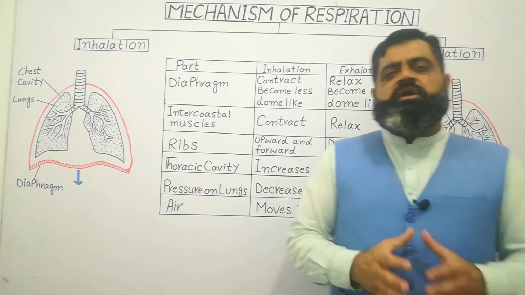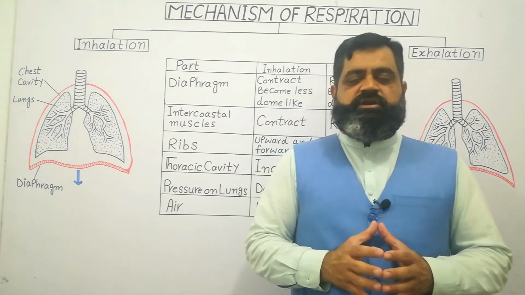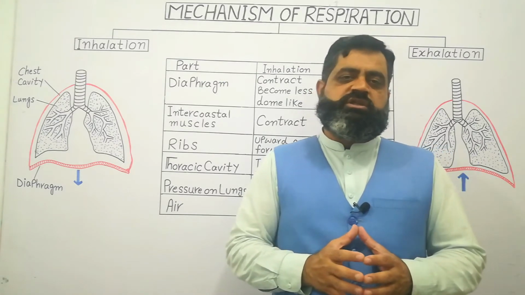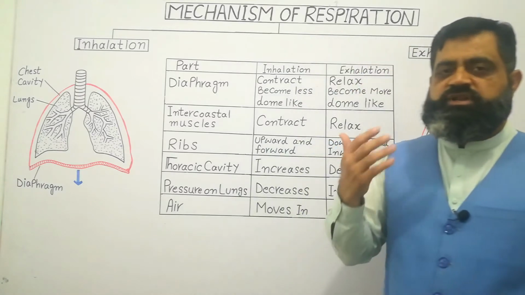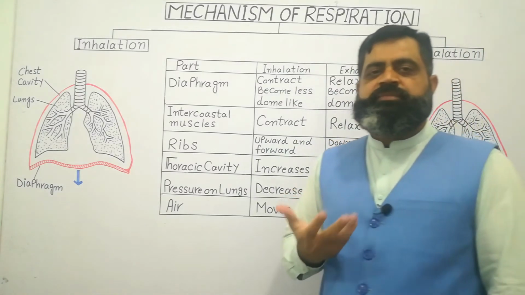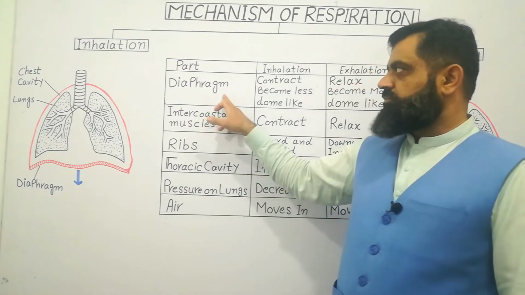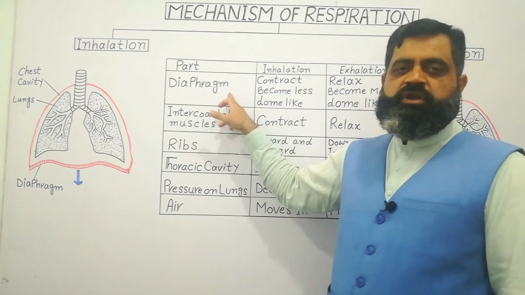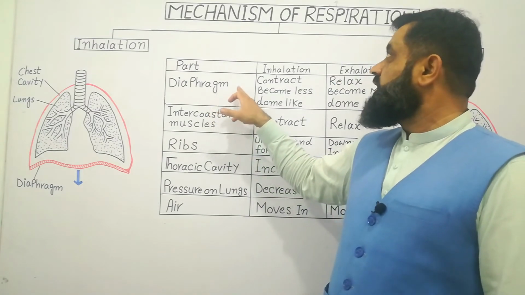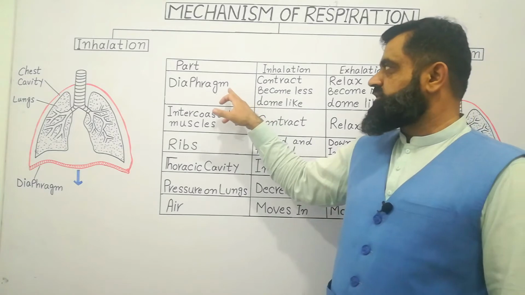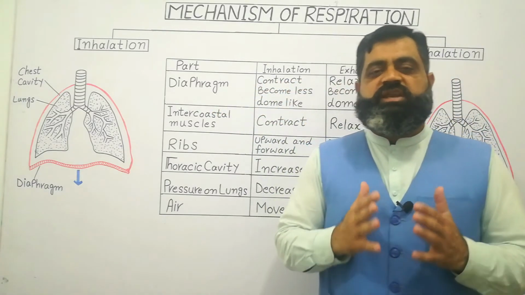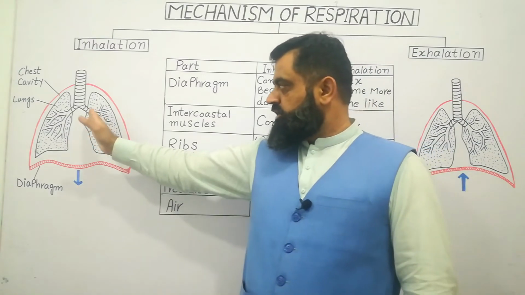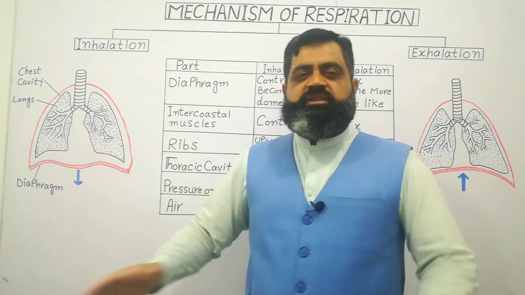Our brain contains the respiratory center, which controls the breathing or ventilation process in our body. When a message is received from the brain, our diaphragm, the first component of the respiratory process, contracts. When the diaphragm contracts, it becomes less dome-like and is pushed downward.